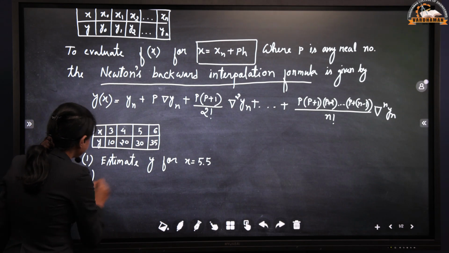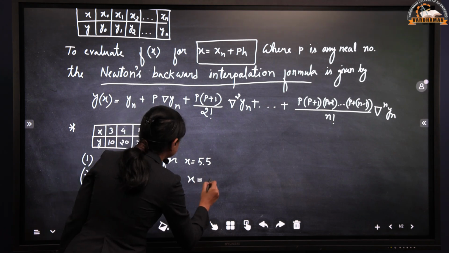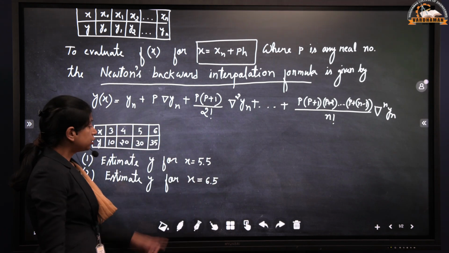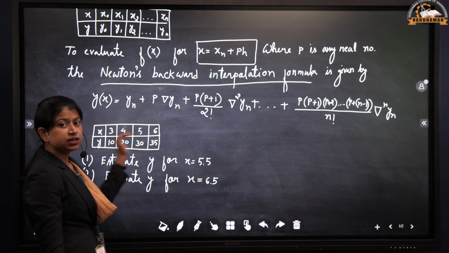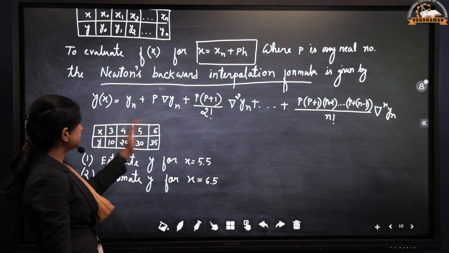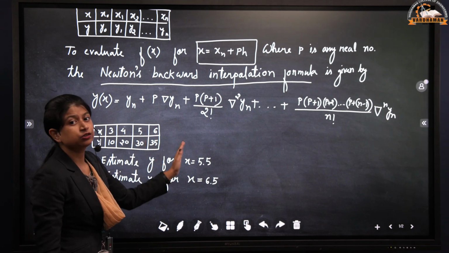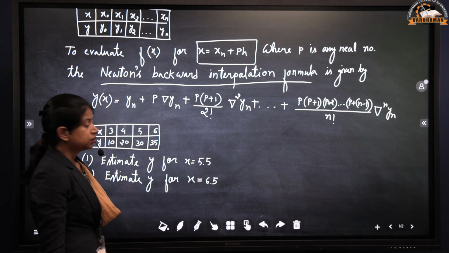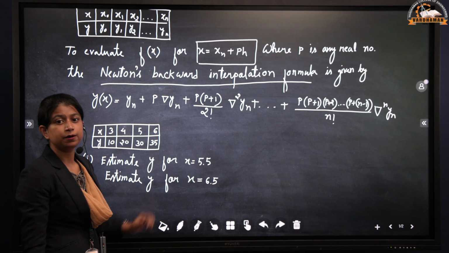Also, if you need to estimate y for x equal to 6.5, now look, this x equal to 6.5 doesn't lie in this range. It lies outside this range. But this is just right of the end of the table. So you can use Newton's backward interpolation formula.